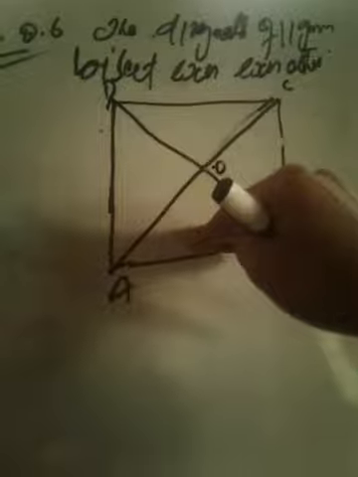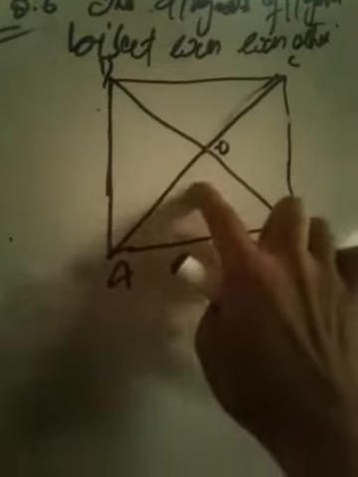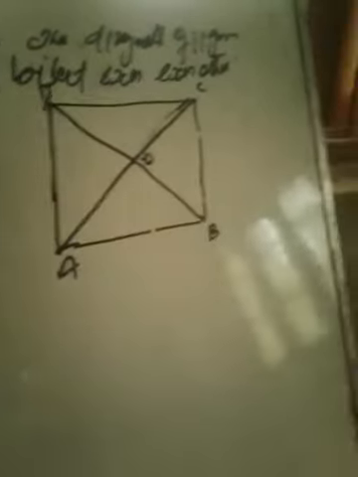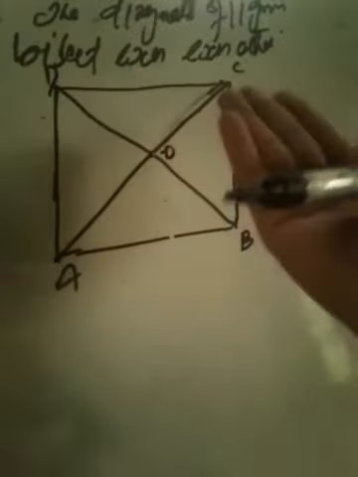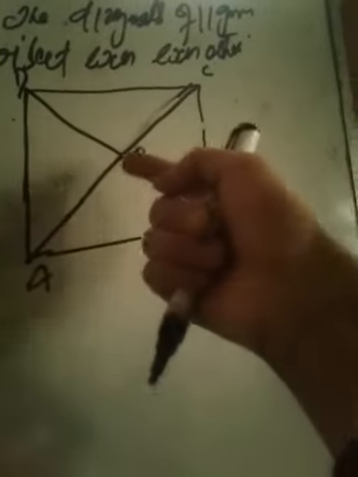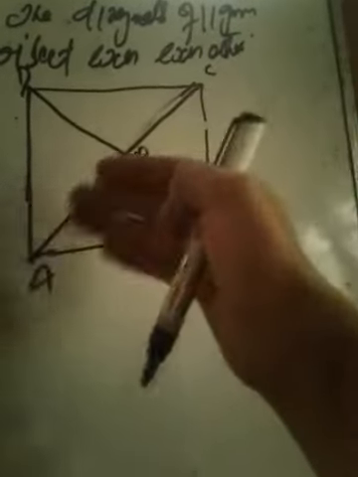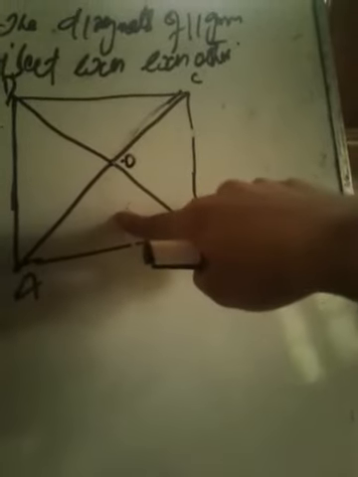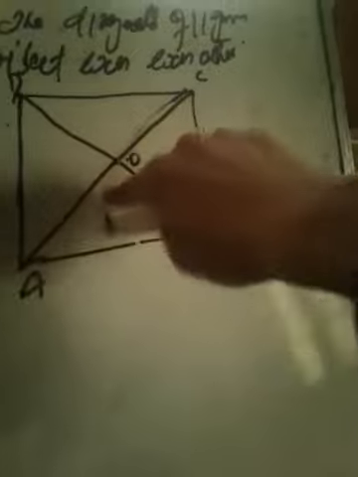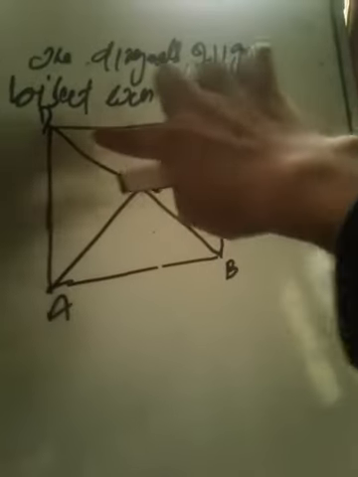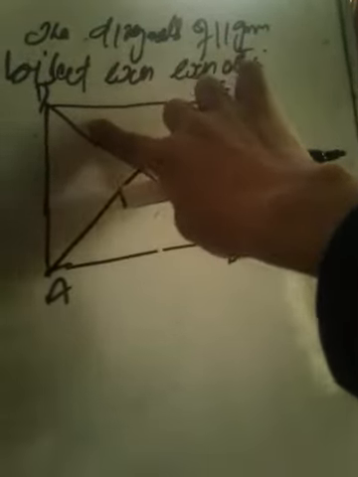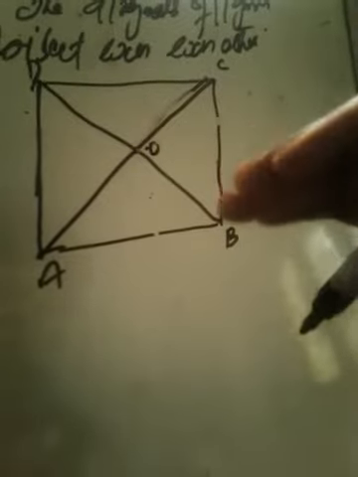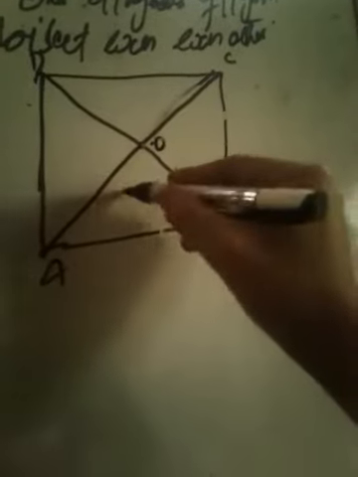If we are able to make triangles OAB and OCD congruent, then we are through. Then we can easily conclude that OA is equal to OC, OB equals OD, by CPCT. So our main motive is to make these two triangles congruent.